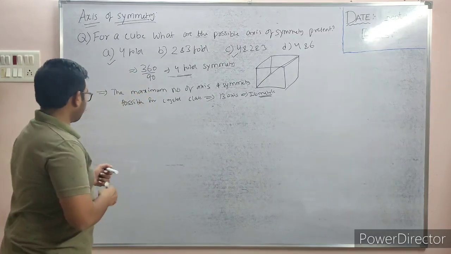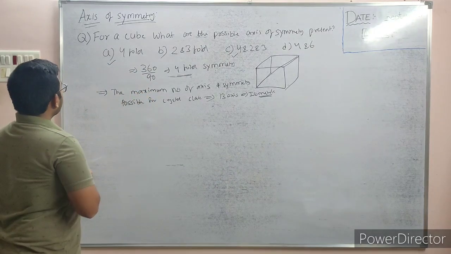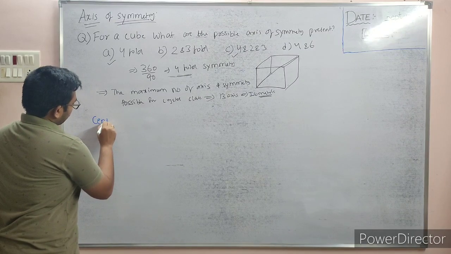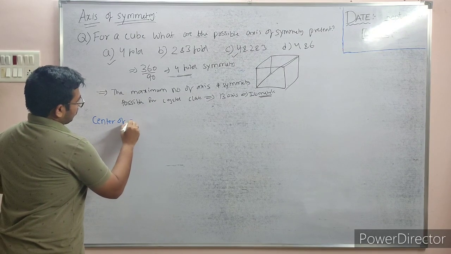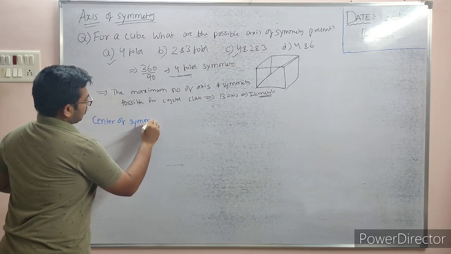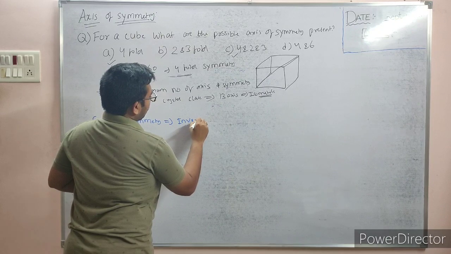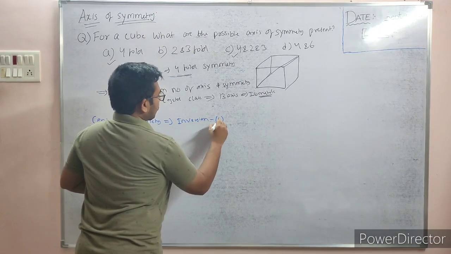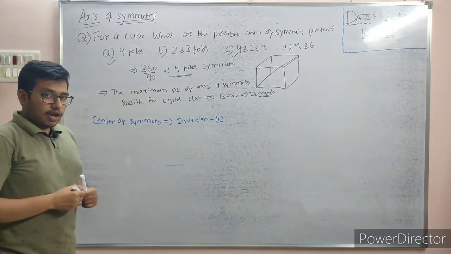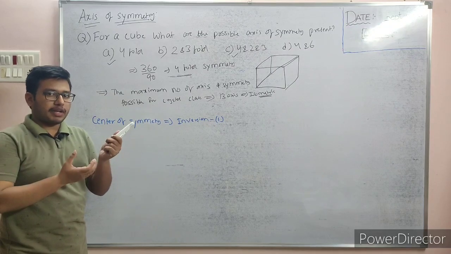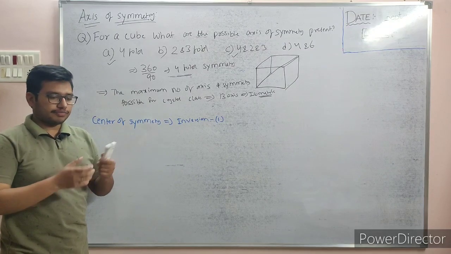So let's move into the third one, which is center of symmetry, which we also call inversion, or we can represent by I. What it does is that it produces an inverted motif.